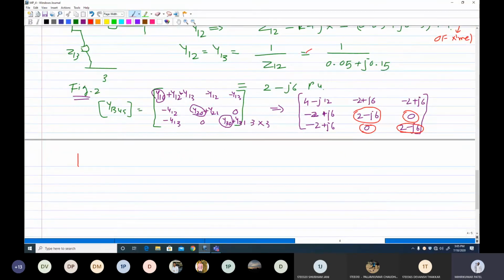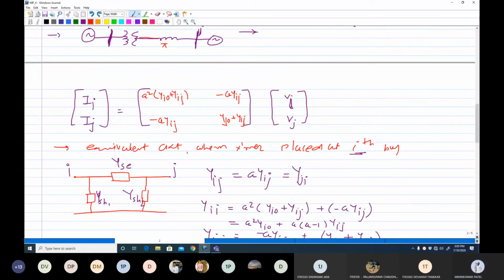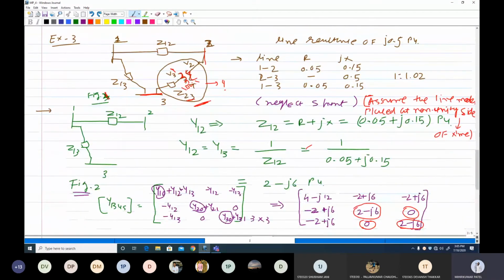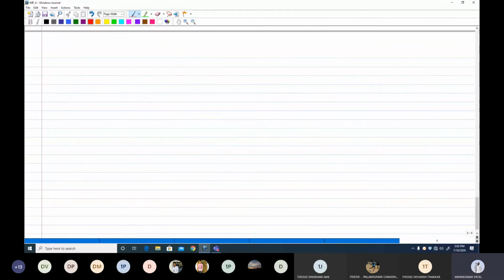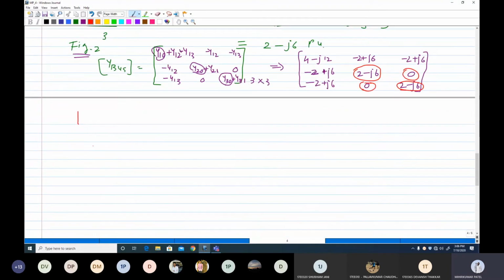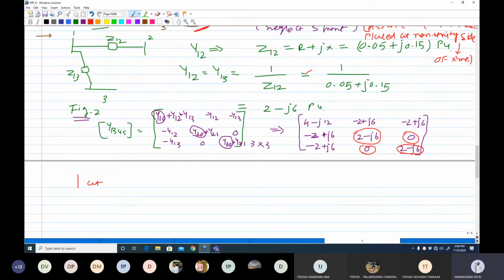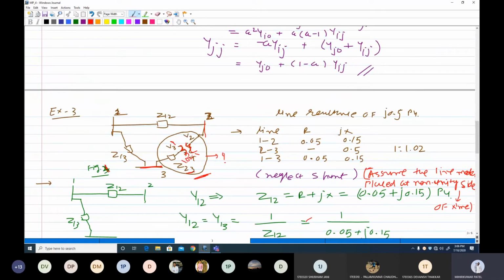just write down that it is the case where the transformer is placed at the non-unity side of the transformer. So non-unity means the transmission line is placed at the non-unity side.